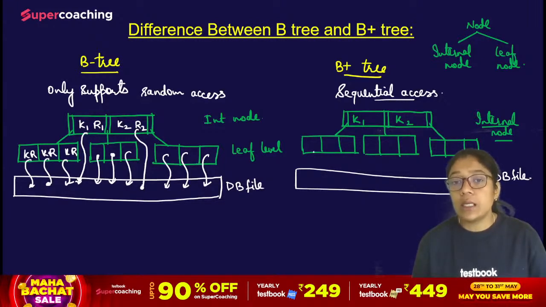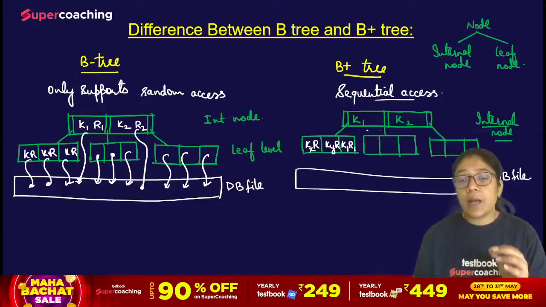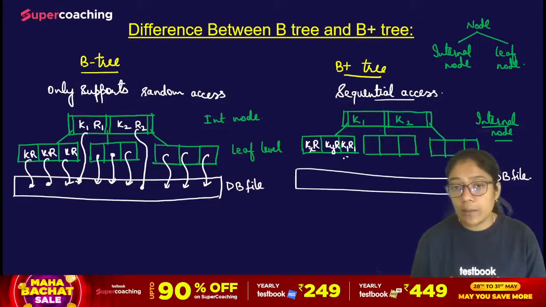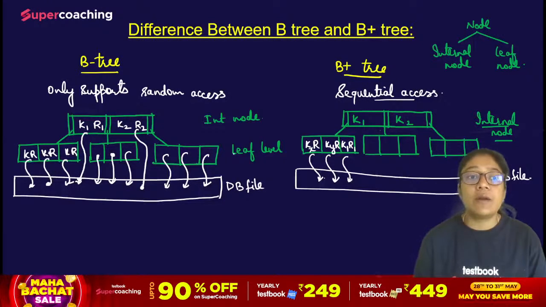For example, key k and record pointer, kx, ky and record pointer, and k1, its copy is maintained at the leaf level. That means internal level पे आपको record pointer देने की जरूरत नहीं है because it is pointed here. So all the keys are maintained at the leaf level, whereas it is not maintained in the B tree.